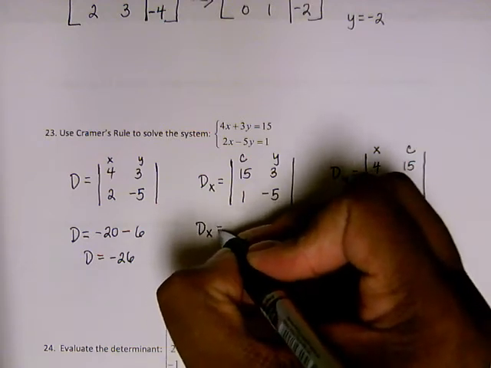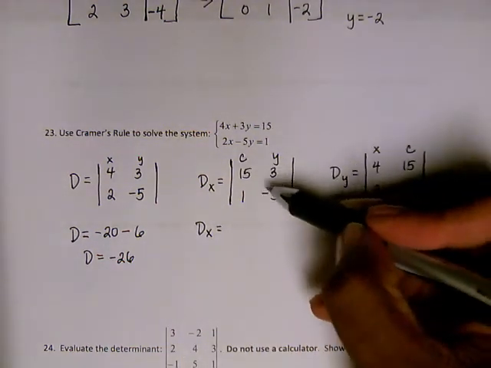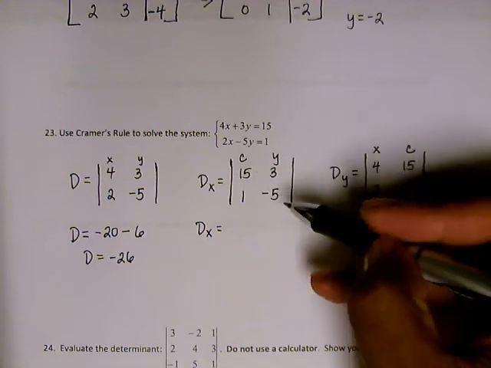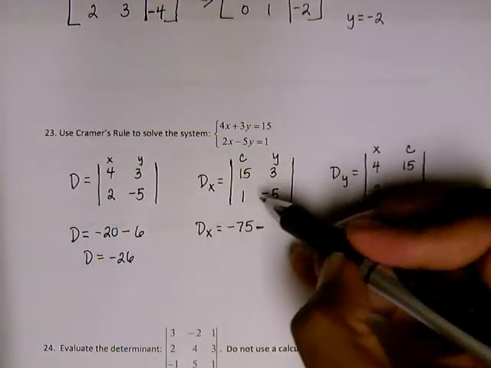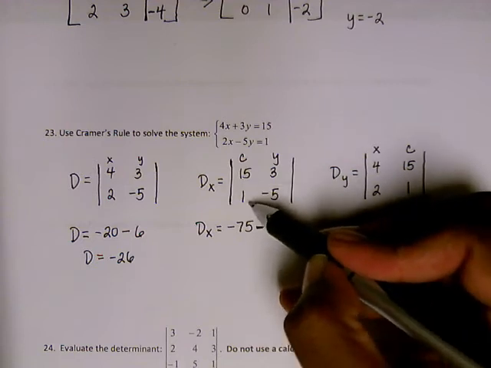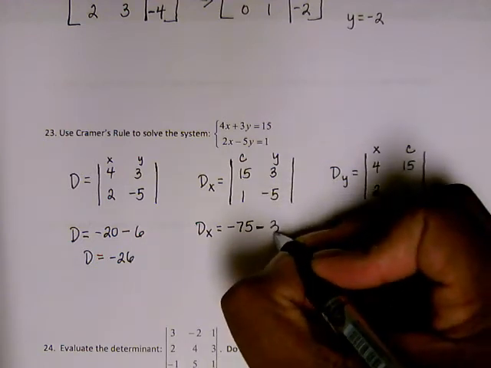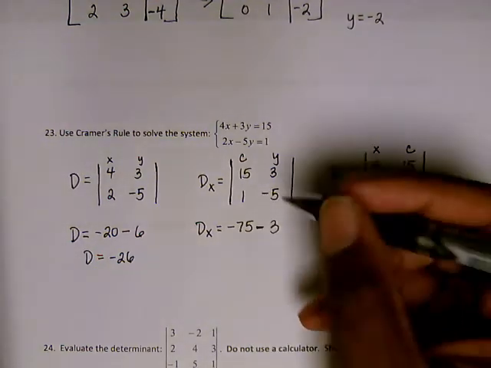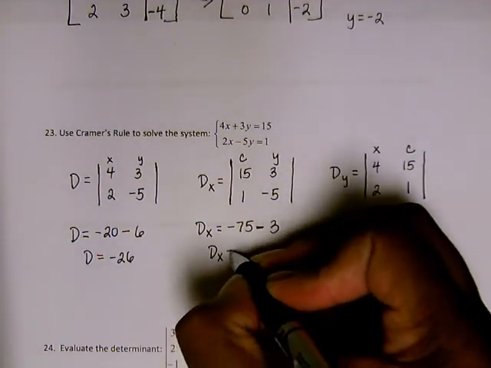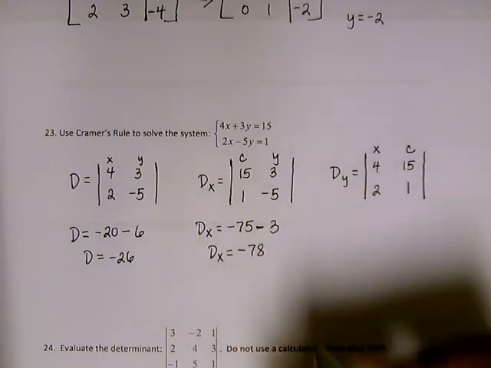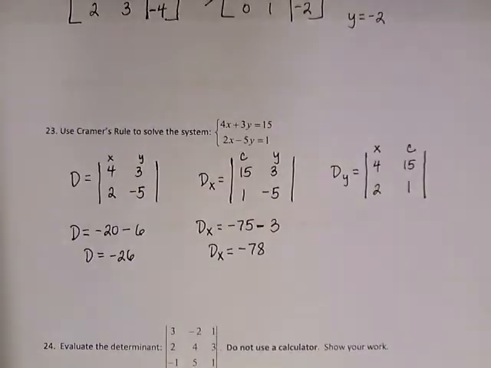Now for d sub x. This diagonal, 15 times negative 5 will be negative 75, minus this diagonal, 1 times 3 will be 3. And then negative 75 minus 3 will be a negative 78. So your d sub x will be negative 78.